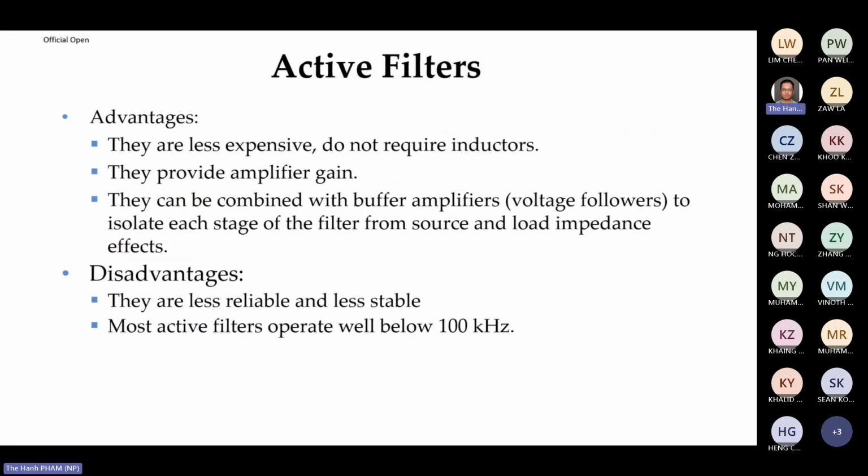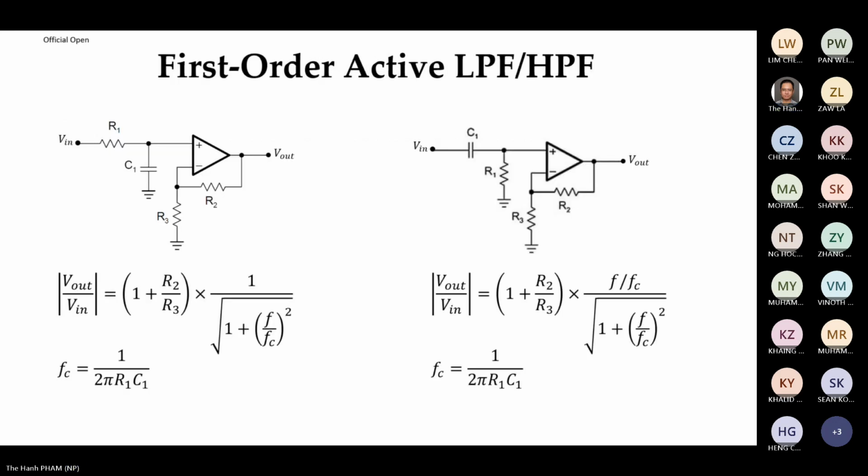Now the op-amp can also be used to build filters, and these are active filters, because this can provide you gain as well. So here is an example of a first order active low pass filter and high pass filter.